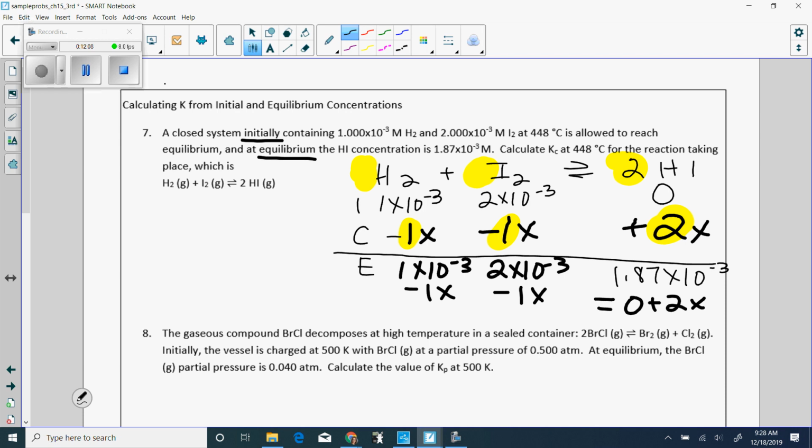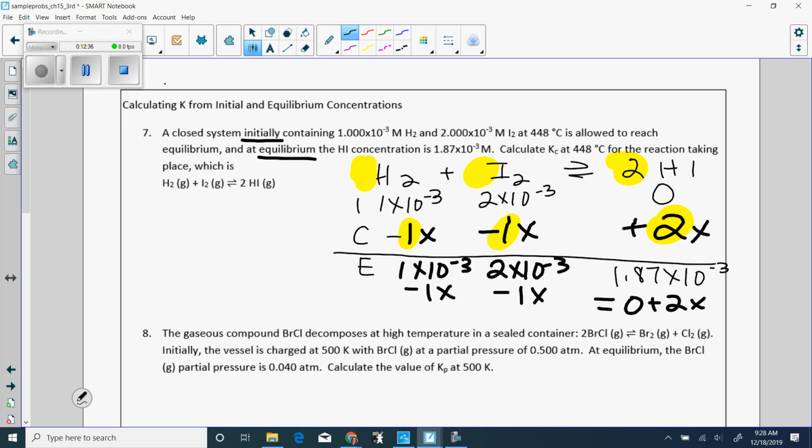But they gave me my equilibrium concentration. Some way, somehow, this is the whole game of equilibrium, you will get enough information to solve for x. In this case, the words gave me an extra number. They told me that my equilibrium is this, and it has to equal 0 plus 2x, so now I can solve for x. Let me tell you why, and then I'm going to let you talk about it.